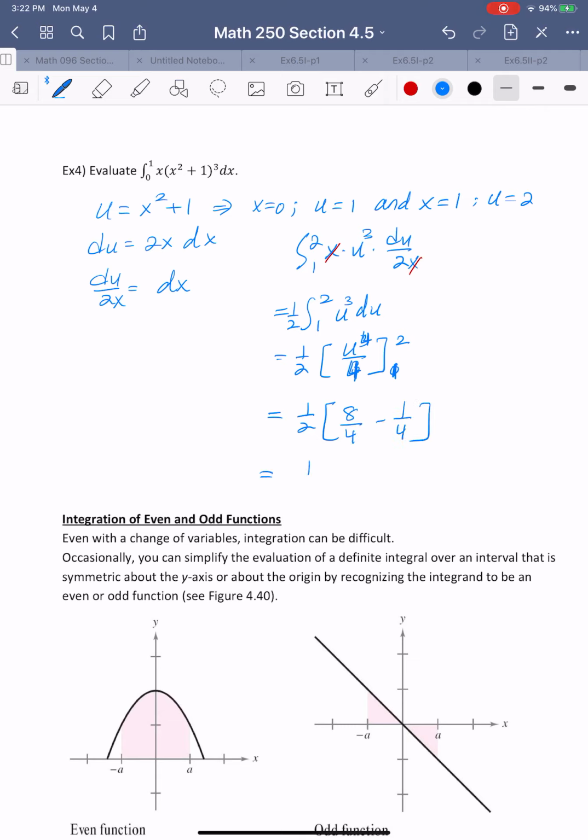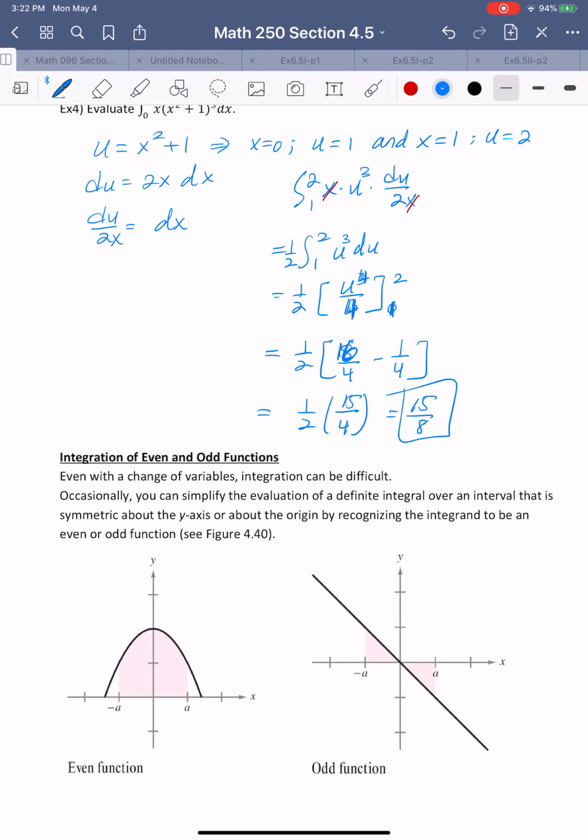Sorry, I'm messing it up. So that is 15 over 4, and then the half of that gives 15 over 8. So that is actually the integration for this.